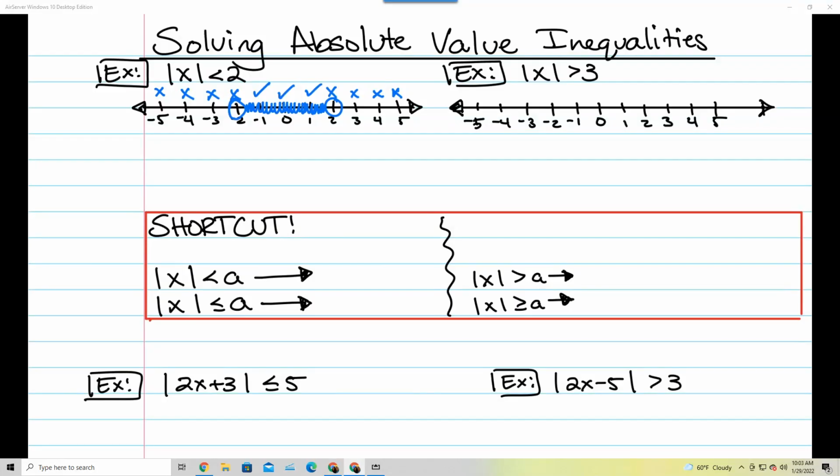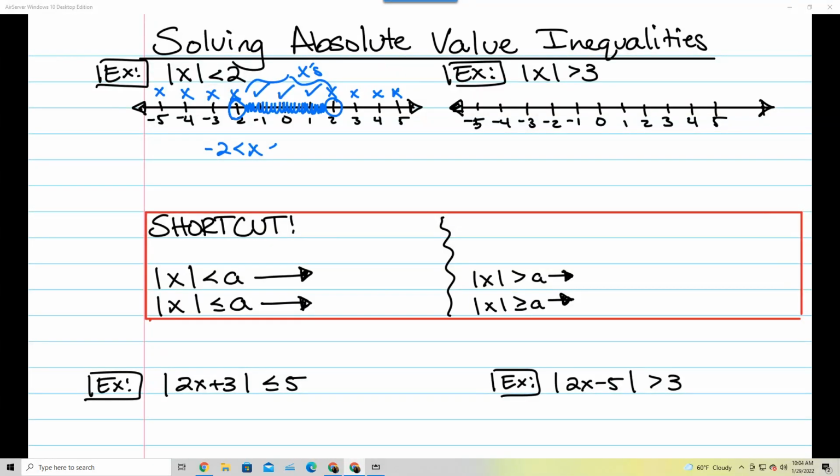So what I want you to notice is that all these are the x values right here, from here to here. These are all the x's that work, which means my x's got caught between -2 and 2. Notice that there's only one set of numbers, so I'm going to write it as one set. I know that -2 is smaller than my x's, or that my x's need to be bigger than -2, okay?